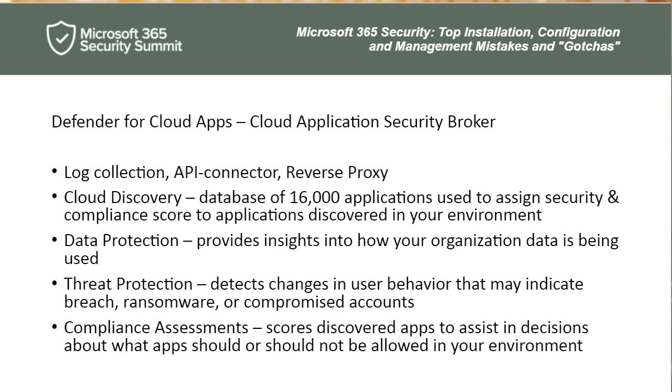Then the API connector functionality: for applications that Microsoft is aware of and has inventoried into the system, some have open APIs that Microsoft can use to connect to those applications and get you more information about how your users are using them.